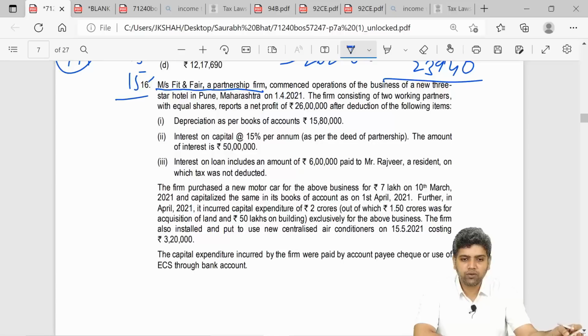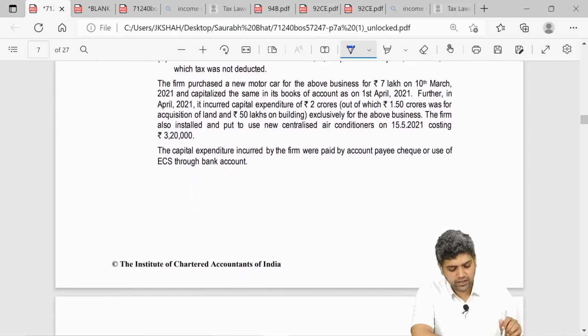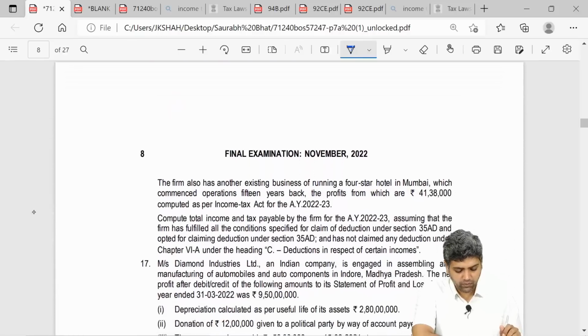Further, in April 2021, it incurred capital expenditure of 2 crores, out of which 1.5 crores was for acquisition of land and 50 lakhs on building, exclusively for above business. The firm also installed and put to use new centralized air conditioner costing 3,20,000 rupees. The capital expenditure incurred by the firm was paid by account payee cheque or use of ECS through bank account.